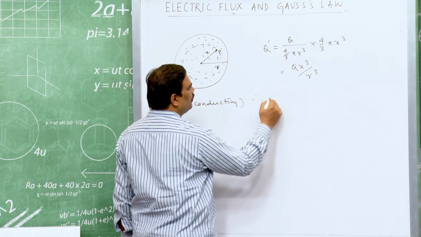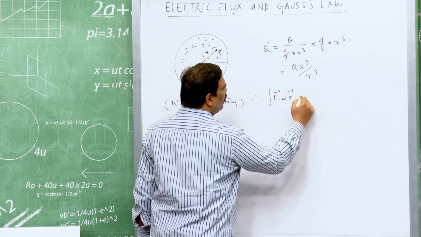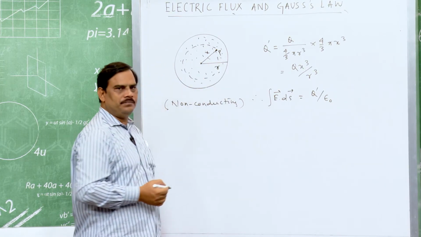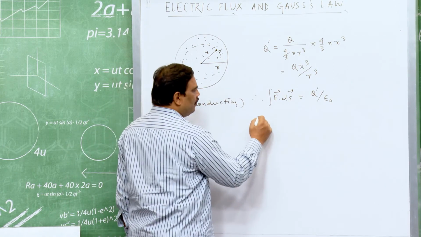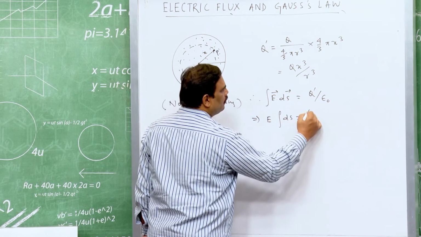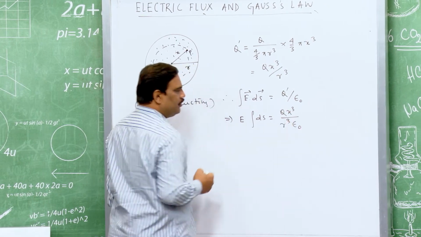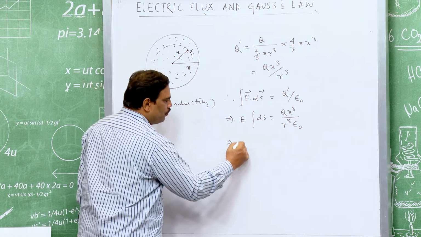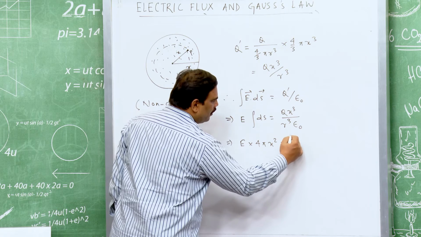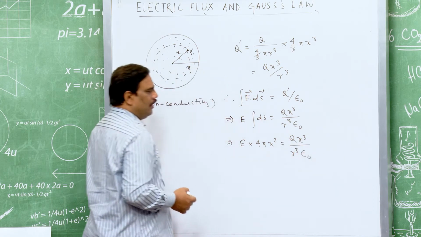Therefore, the integration of E dot ds equals q dash divided by epsilon 0. So, E integration ds is q x cube divided by r cube epsilon 0. So, E into 4 pi x square equal to q x cube divided by r cube epsilon 0.